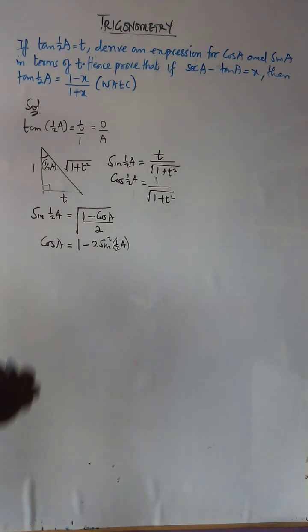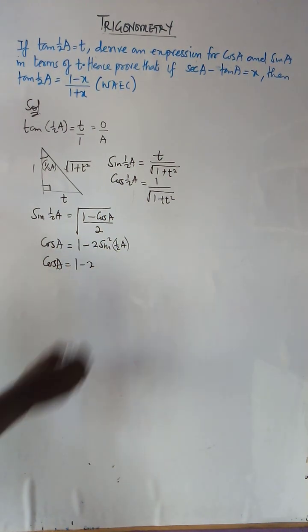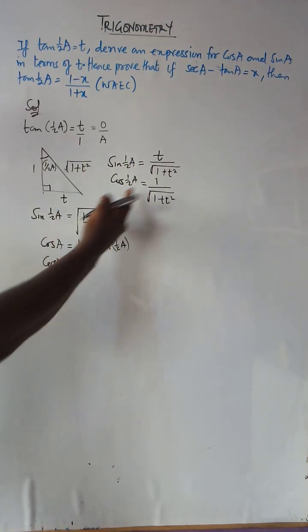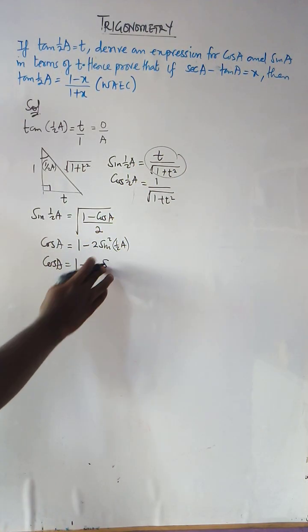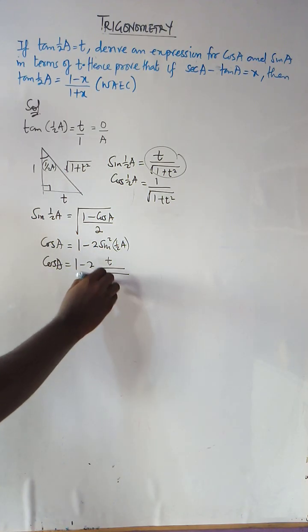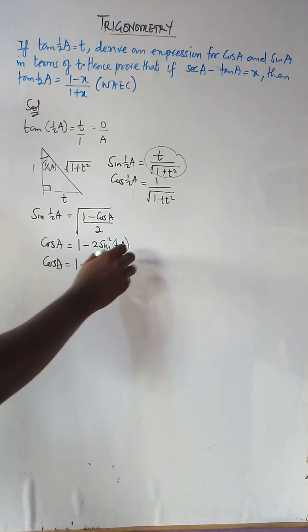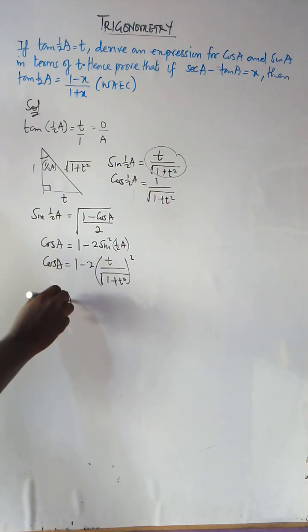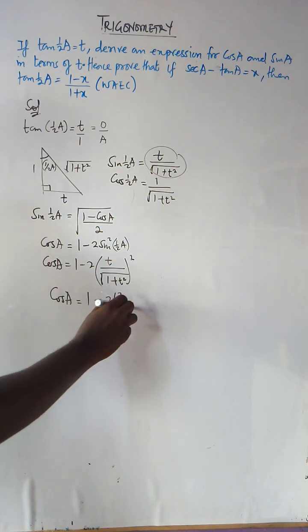Then from here we can say cos A equals 1 minus 2 times, what is sine half of A? Sine half of A is t divided by the square root of 1 plus t squared, and we have a square here also, all squared. So cos A equals 1 minus 2t squared over 1 plus t squared.